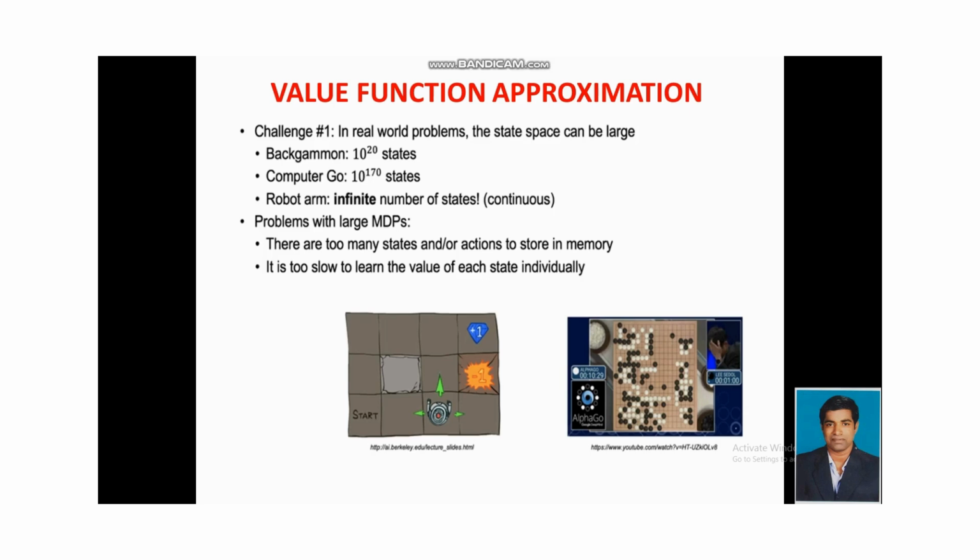For robot arms, there are an infinite number of states, continuously coming. Problems with a large number of states are where we use MDPs. There are too many states and actions to store in memory, which is very problematic. Another issue is that it is too slow to learn the value of each state individually.